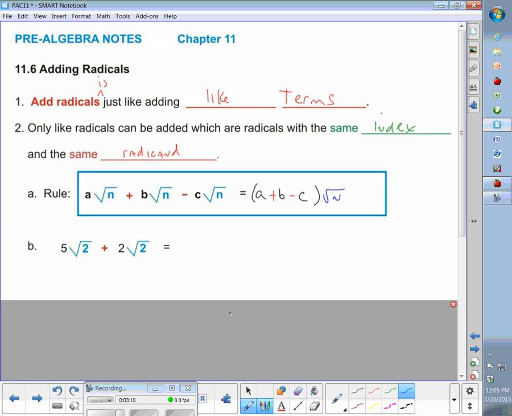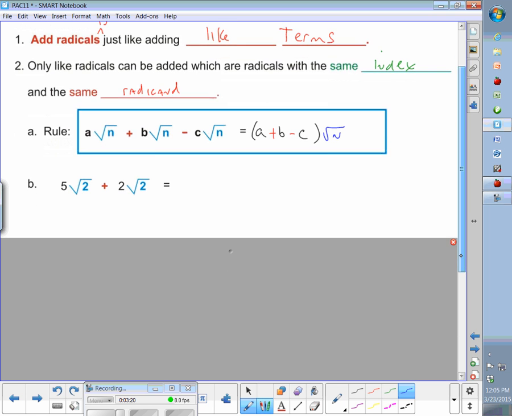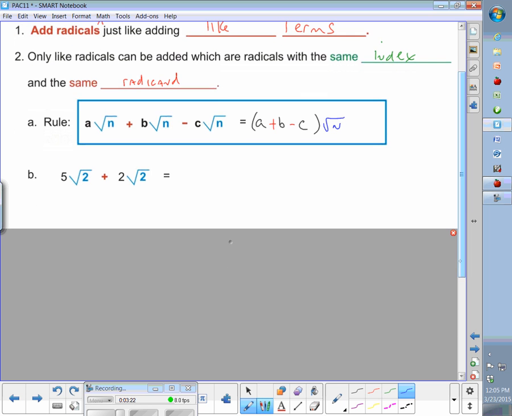And that's all there is to it. All right, so let's do a couple examples. So look, in reality, this is 5 of them plus 2 of them. That's it. Now, maybe just one time I'll do it the rule way, but to be honest with you, the rule way is boring. Right?